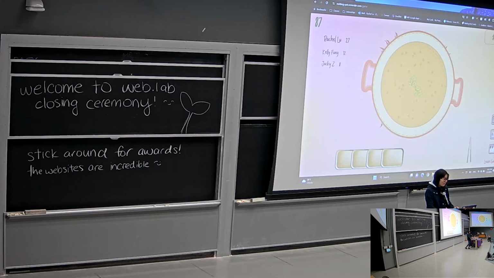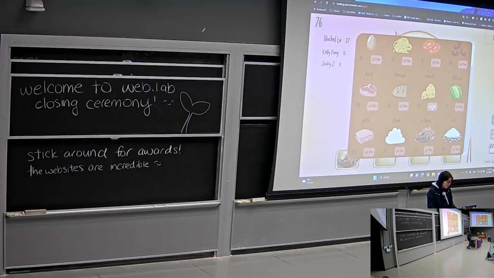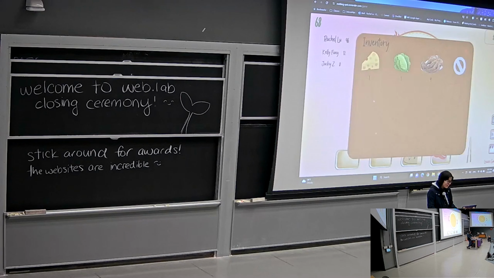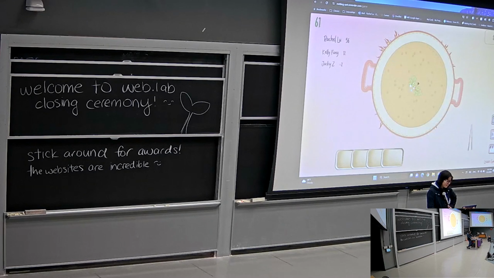So we can just finish this one game, I guess. And I have some more money. I can make some other things. Someone clicked it when it was raw, so you guys lost points.